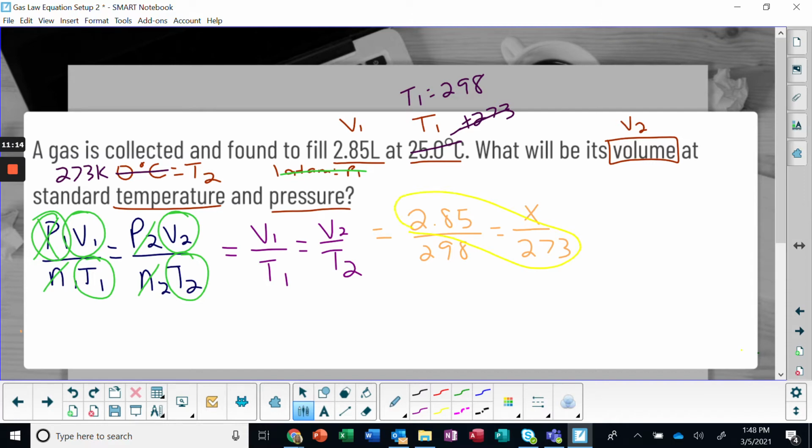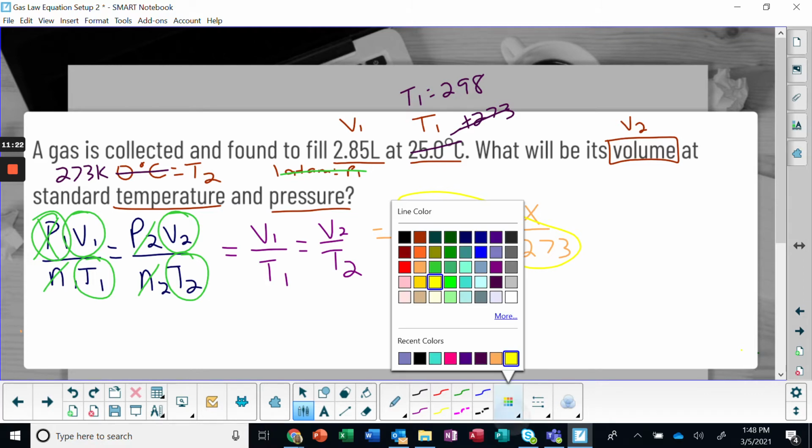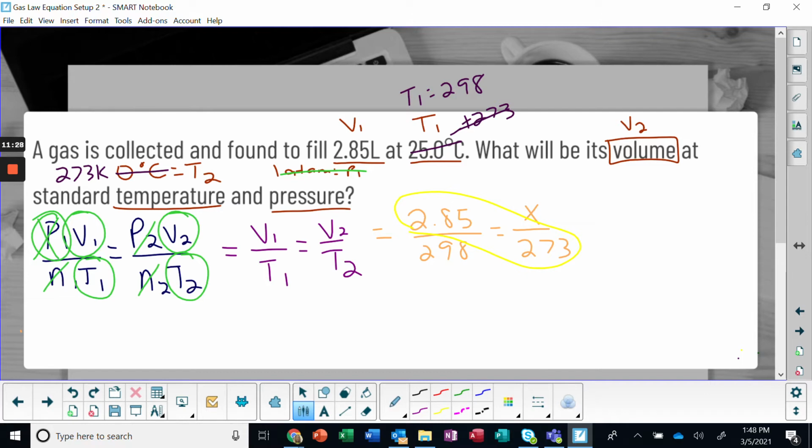Butterfly, so cross multiply and divide. And again, make sure you are rounding to the correct number of significant figures. We need 3. So X equals 0.926. And we're looking for volume, so that's liters again.